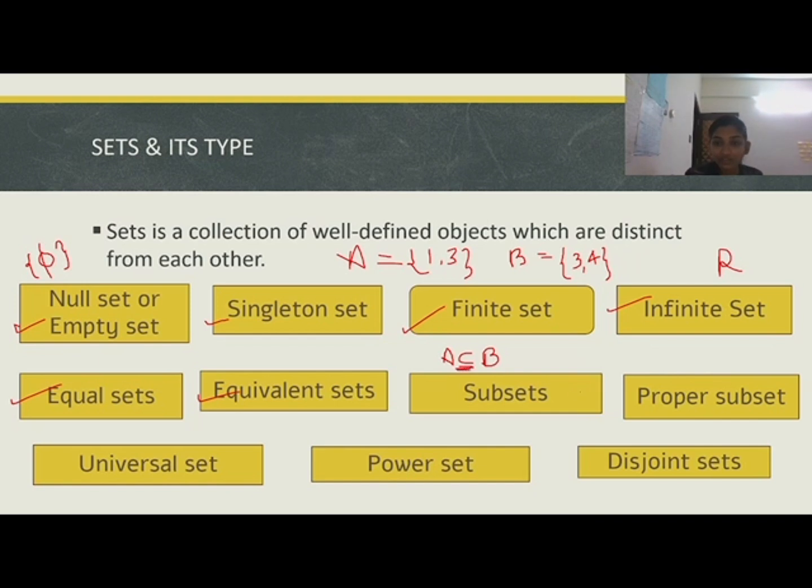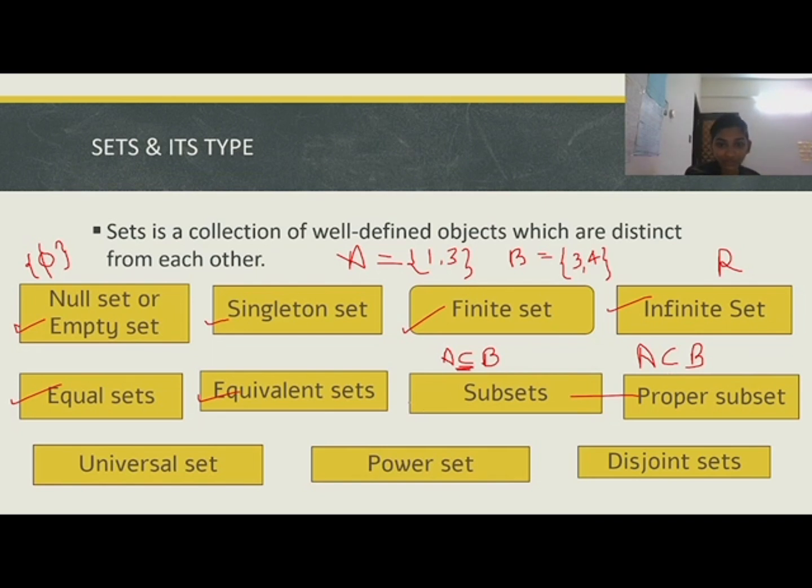Proper subset is very similar to it, but it has one difference from subset. We represent it like this. A is a proper subset of B if every element of A is present in B, but it is not necessary that A has to be equal to B. Then we call it a proper subset. A should be a subset of B, then only we call it a proper subset.